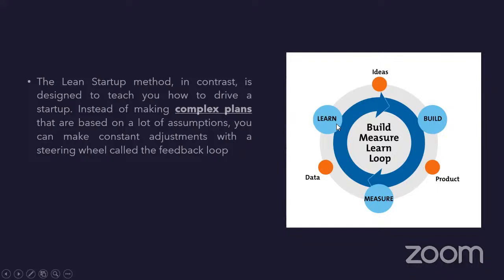But you can't start learning unless you have something first to measure, a benchmark. So this is the importance of the idea to product part. The faster you go from the idea to the product, the faster you will learn more.